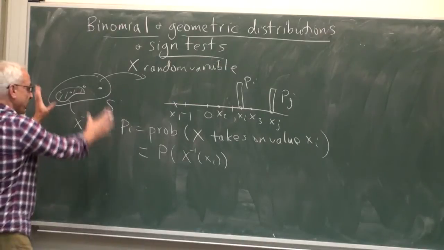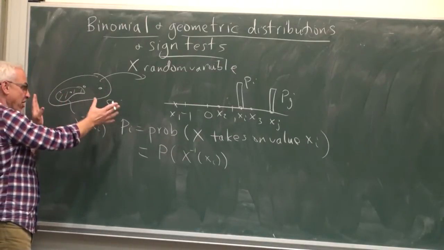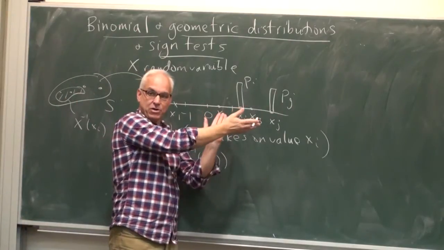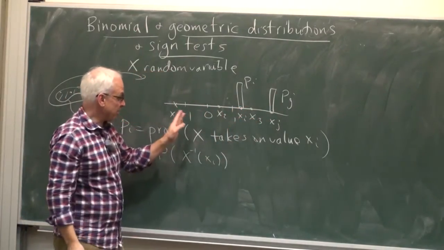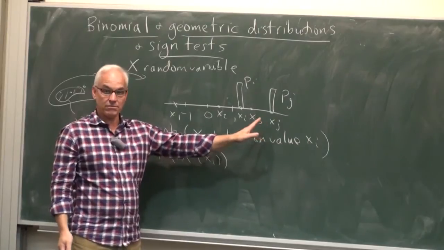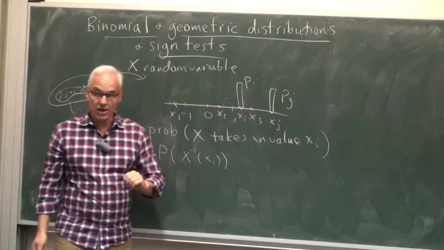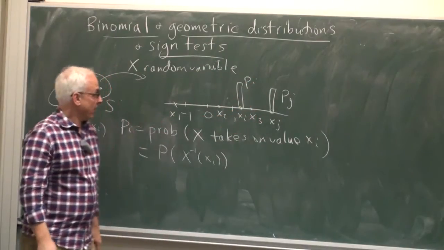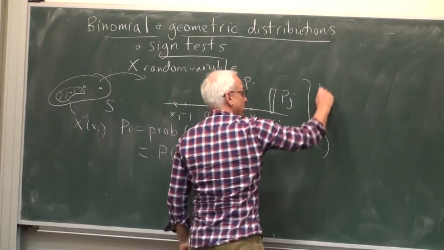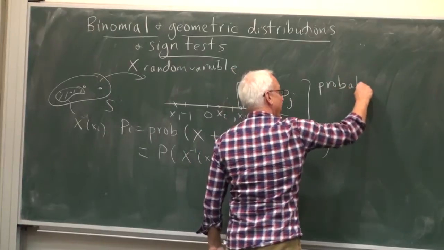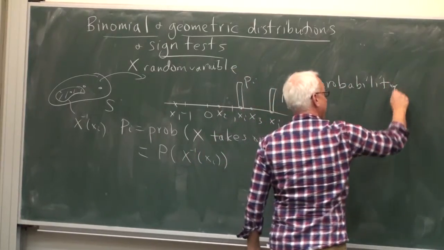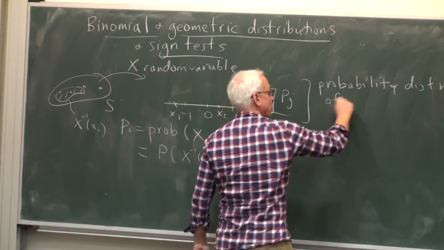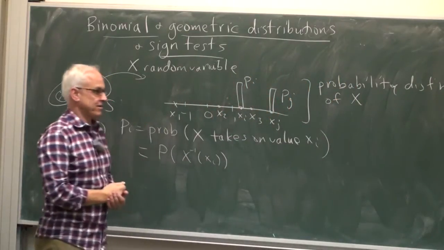Okay, so we start with this situation, an experiment and a certain measurement, and out of it we get this probability distribution, which is really just a bunch of values on the line, x1, x2, x3, and so on, with certain probabilities associated to them. All right, so this is the probability distribution associated to x, or maybe we just say of x.